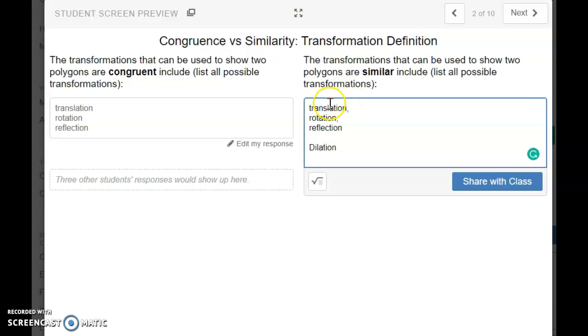For similarity, we have the same transformations, translation, rotation, and reflection, as the congruence, but on top of that, we need to dilate it. We need to make it bigger or smaller. So there is an additional transformation that is allowed for similar figures.